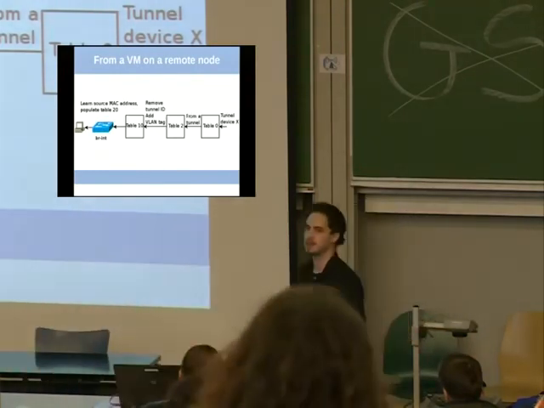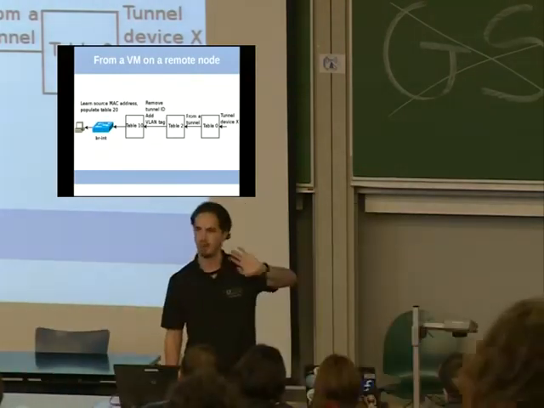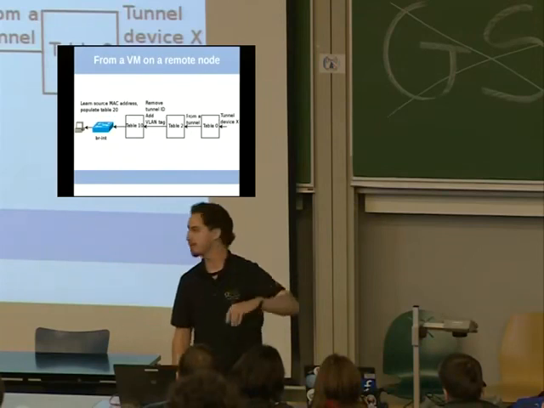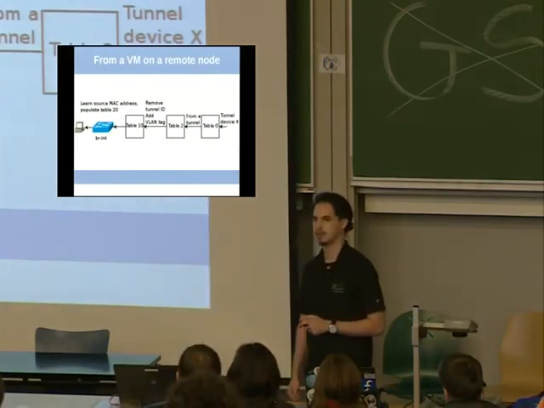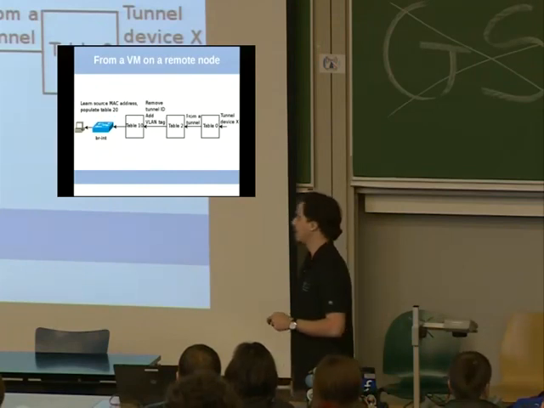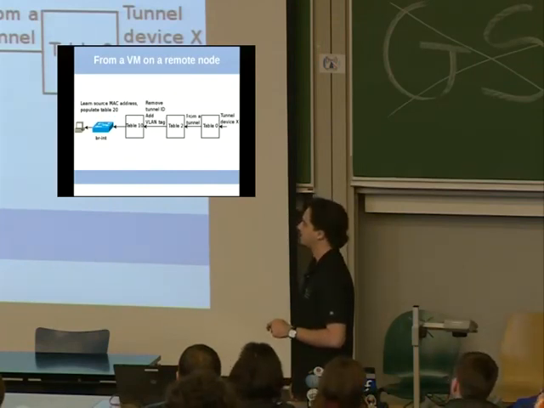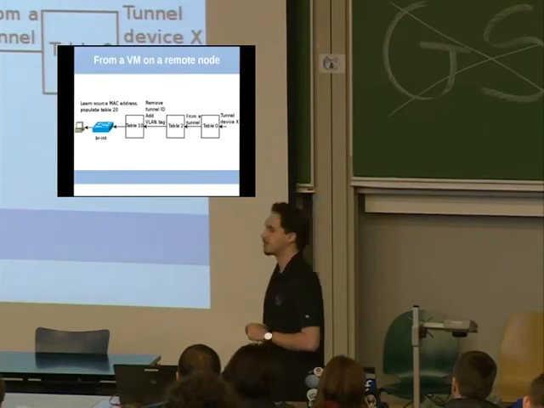Table 2 is basically taking the tunnel headers, throwing that away, adding the VLAN tag, which is kind of weird, and then forwarding that to table 10.